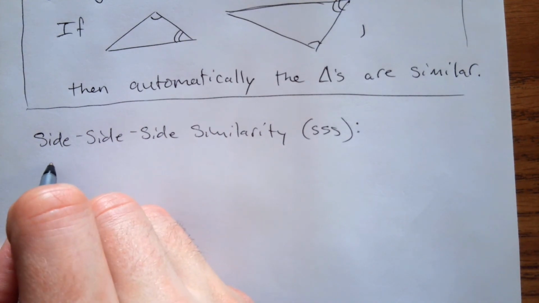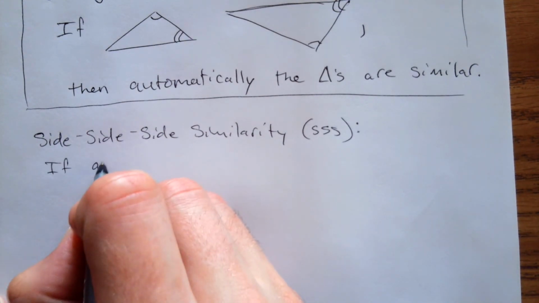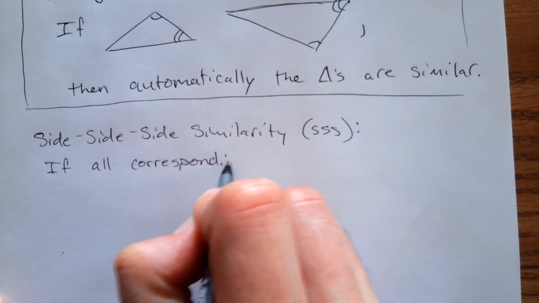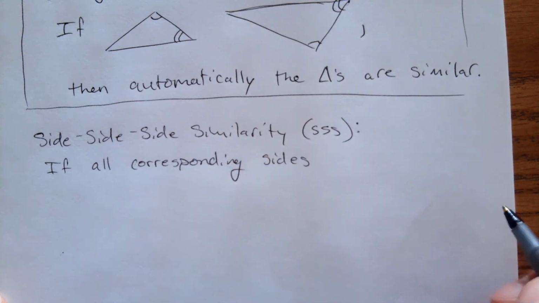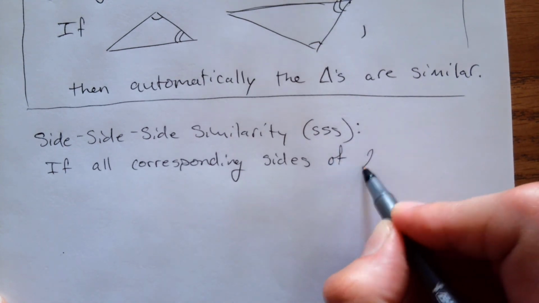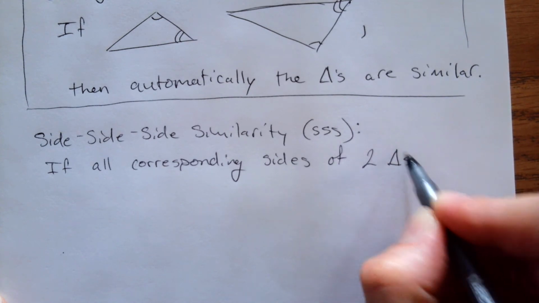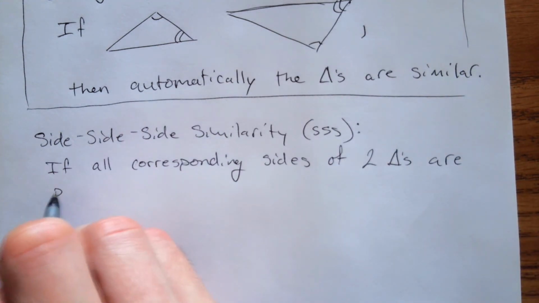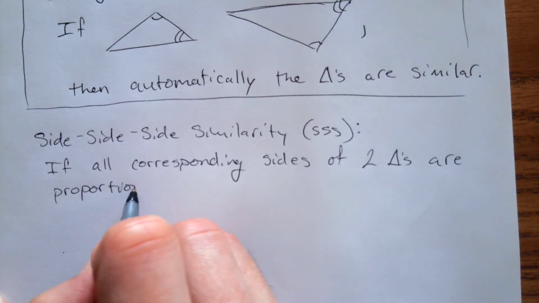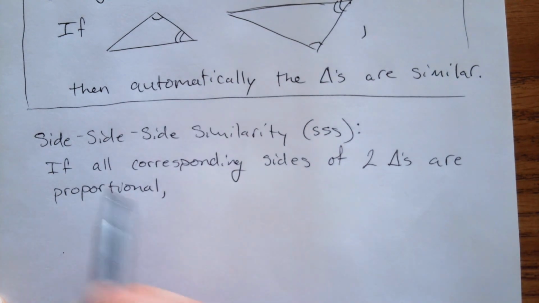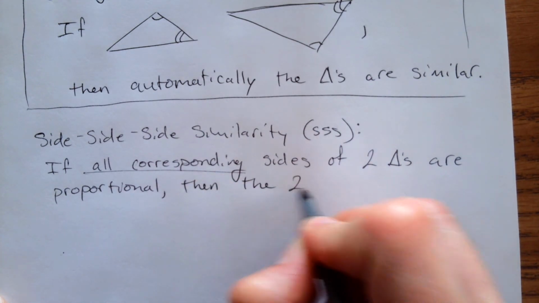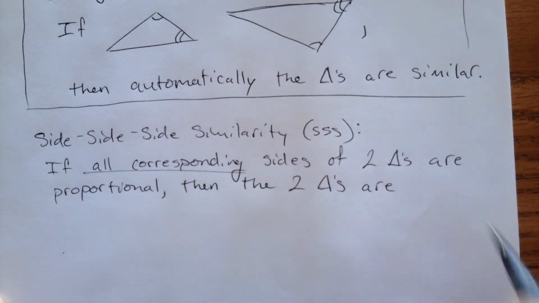So I'm just going to say if all corresponding sides of two triangles are proportional, meaning when you divide them you get the same number, then the two triangles are similar.